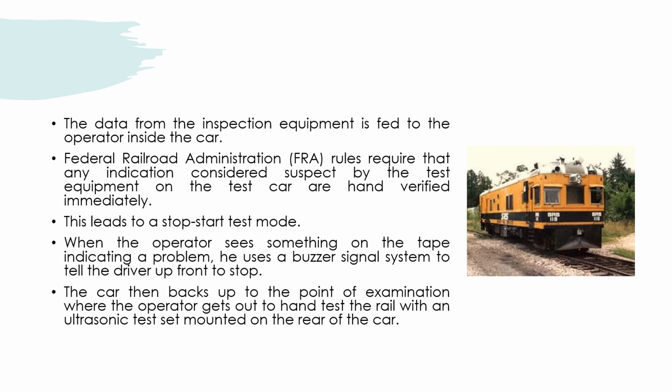When the operator sees something on the tape indicating a problem, he uses a buzzer signal system to tell the driver up front to stop, and the car then backs up to the point of examination where the operator gets out to hand test the rail with an ultrasonic test set mounted on the rear of the car.